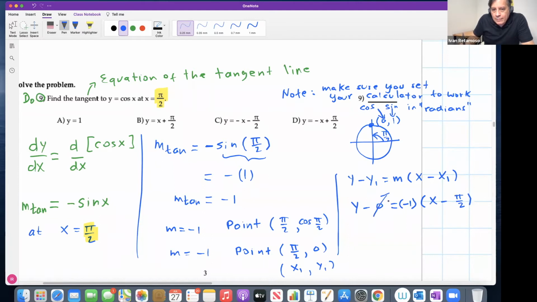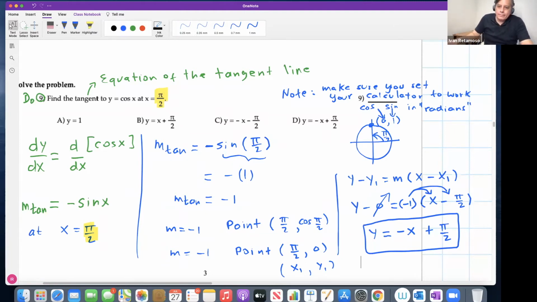The 0 disappears from the scene, y equals -1 times x, minus and minus is plus, pi over 2, right? And believe it or not, guys, this is it. This is the equation of the tangent line of the graph of y equals cosine at x equals pi over 2.